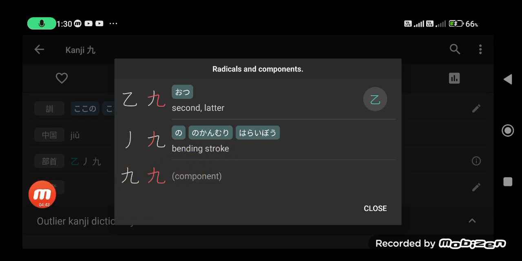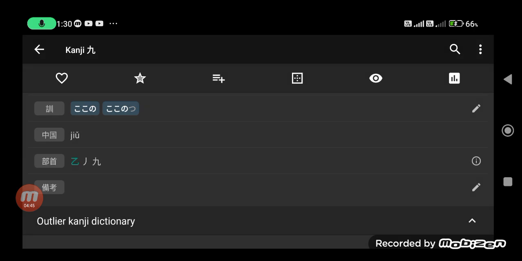And also, may I emphasize that there are kanji characters that can also act as radicals or components. So I will put in the description box a short brief regarding radicals or components.